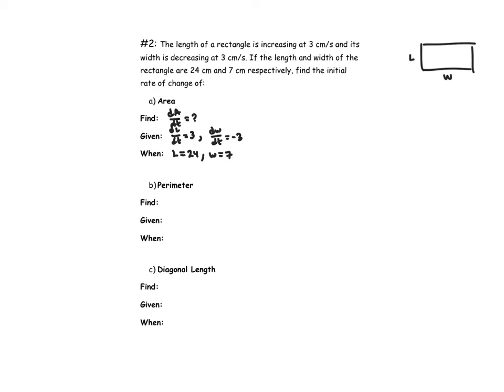Let's look at the area equation. The area will be length times width. Therefore, dA/dt will be dL/dt times W using the product rule, plus L times dW/dt.